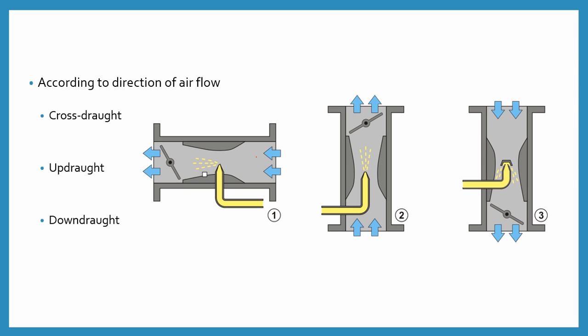By using a cross draught carburetor in an engine, the right angle turn in the inlet passage is eliminated and the resistance to flow is reduced.